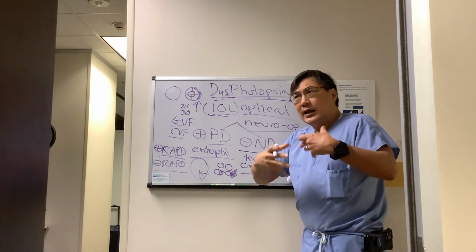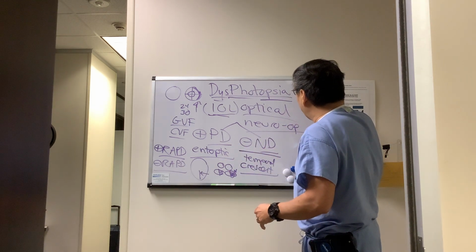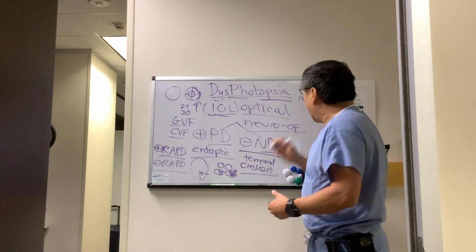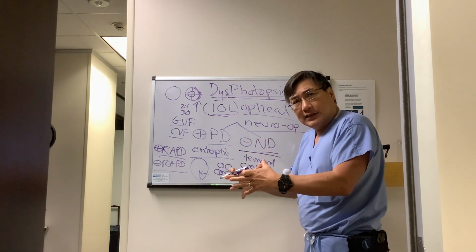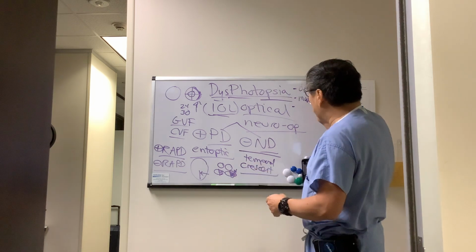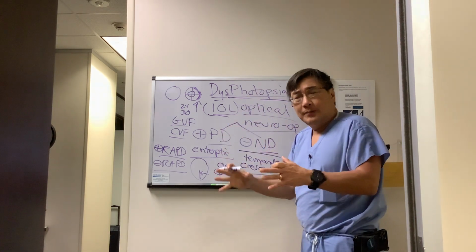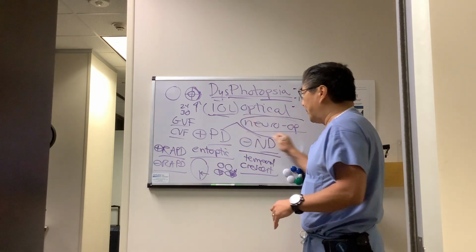Number two, how the lens material, whether it's silicon or some other material, PMMA, and then there's intraoperative and postoperative things that happen with the capsule that could make the optical effect called the negative dysphotopsia. And you can read more about the effects. We're just talking about how this would end up in neuro-op.